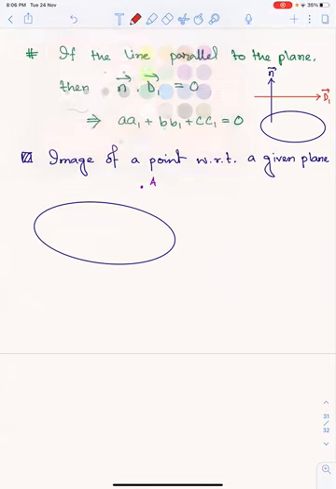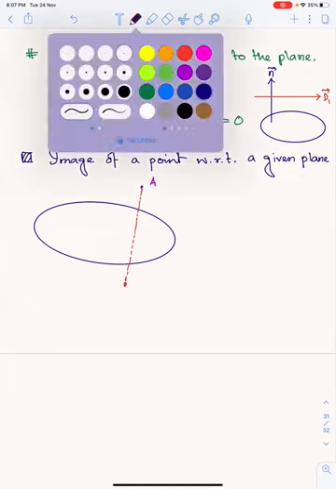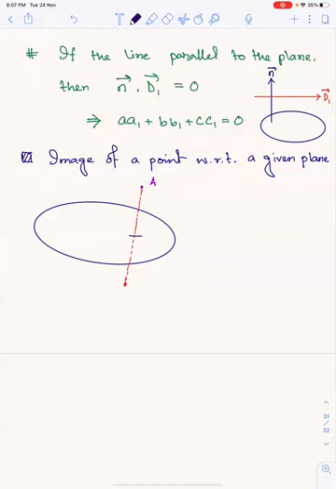So we have firstly considered to have the reflection. We just need to have the line joining the object with the image, and the midpoint has to be there on the plane itself.